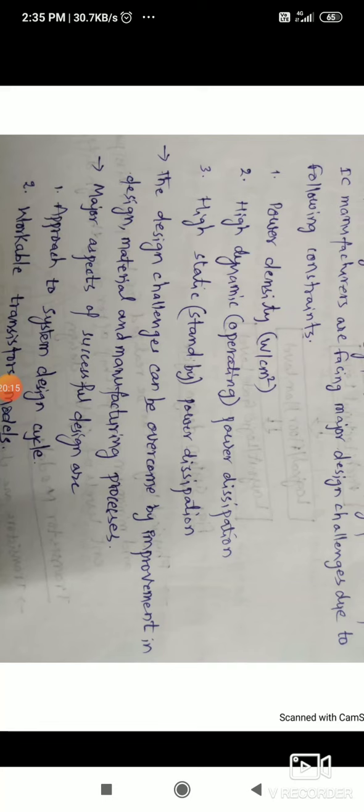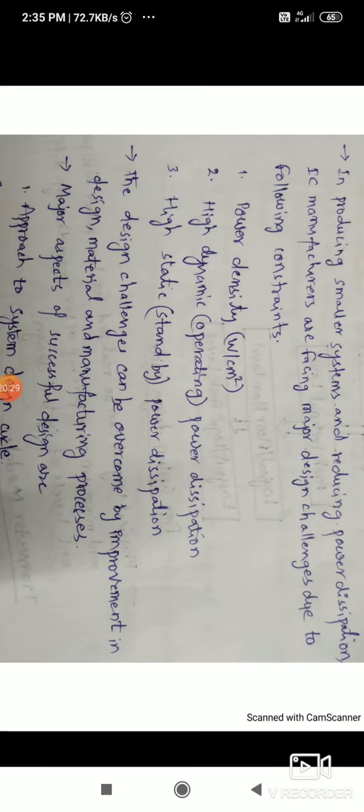These design challenges can be overcome by the major two steps, the major aspects of successful design.